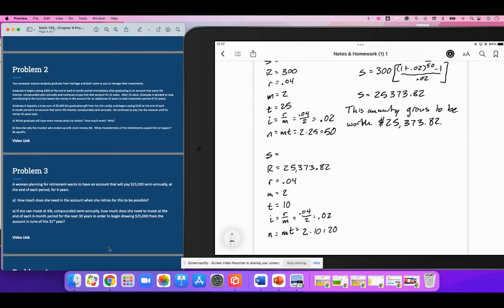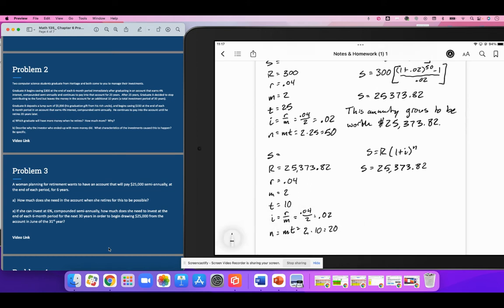So what we've got for compound interest is S equals P times 1 plus I to the power of N. And so S is going to be equal to $25,373.82 times 1 plus 0.02 to the power of 20.